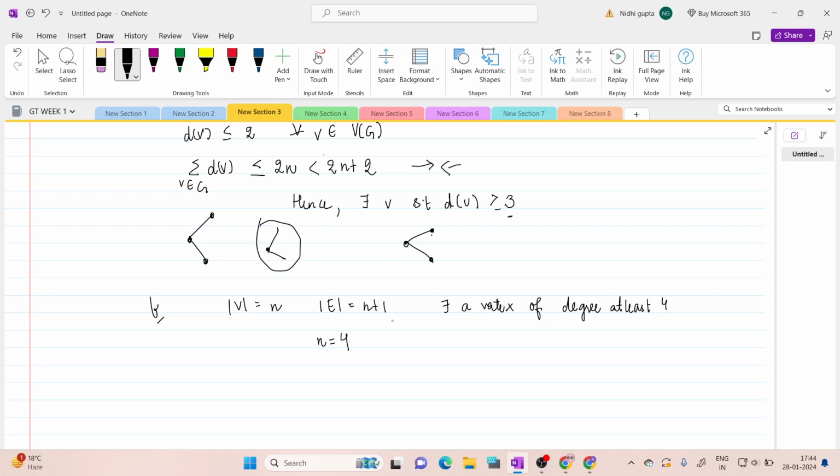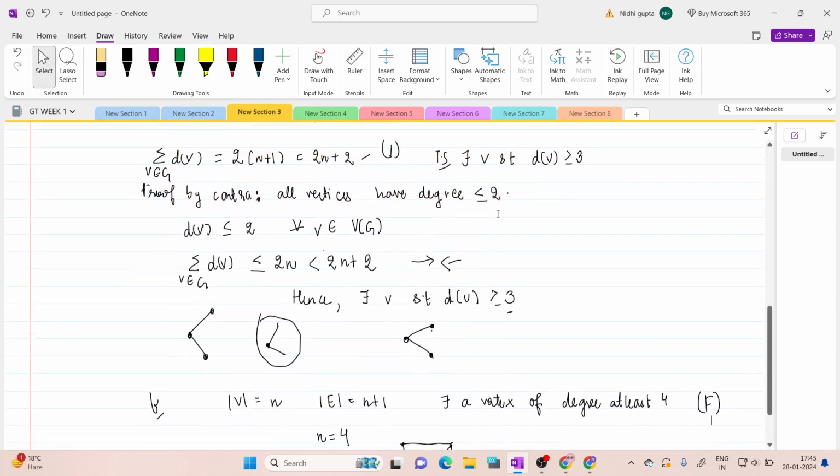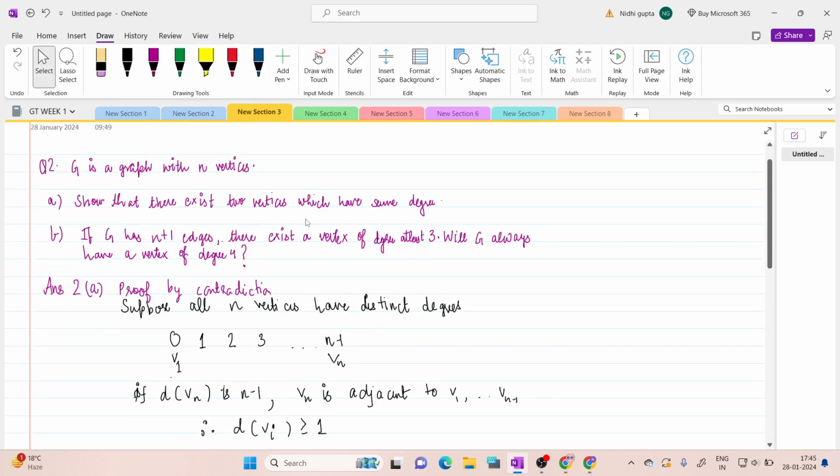So are you saying, if we take n equal to 4 and we take 5 edges, then we see that there is no vertex of degree at least 4. So this shows that 3 is the best possible answer for this situation. If a graph has n vertices and n plus 1 edges, at most we can guarantee that there will be a vertex of degree at least 3. And for degree 4 it is false.